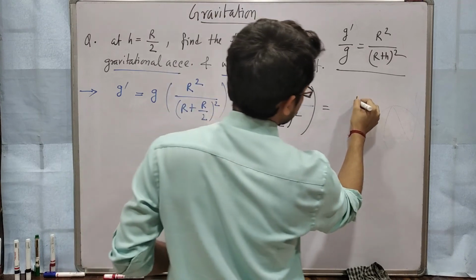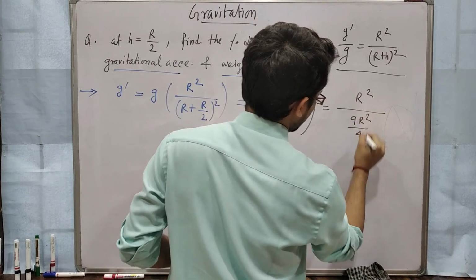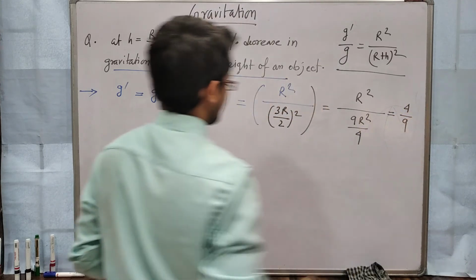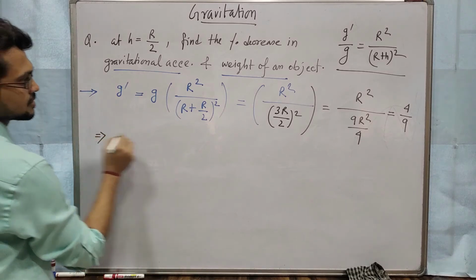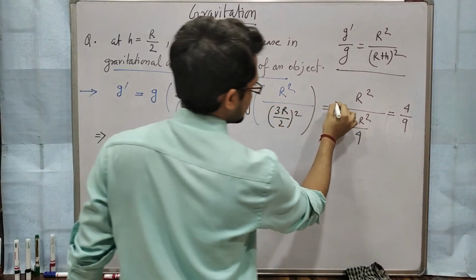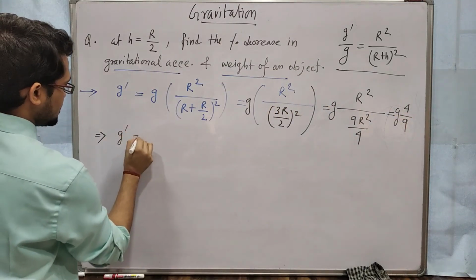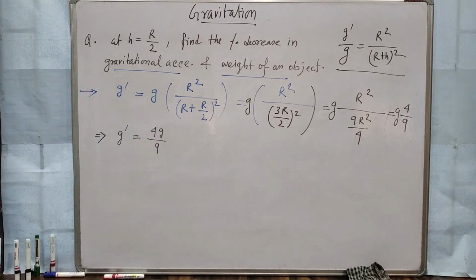So we are getting R square by 9R square by 4. R square cancel out, you will get 4 by 9. Okay, so g prime will be what? Here multiply by g. So g prime will be 4g by 9.